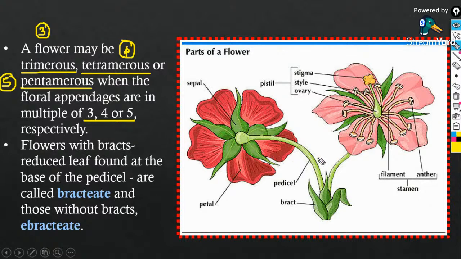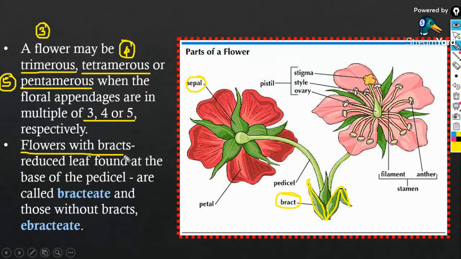And look guys, this is a bract, a reduced leaf. This is not a sepal. Sepal is attached to the flower. Bracts are reduced leaf-like structures.